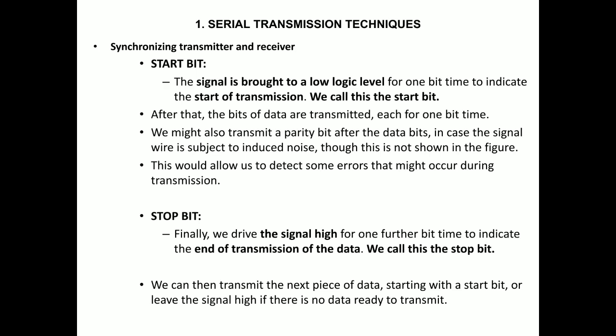When the stop bit goes high, the transmitter will end the transmission of data. This is how we can achieve the synchronization between transmitter and receiver. With the help of this start bit and stop bit, the transmitter will have a clear picture of when to transfer the data and when to stop the data.